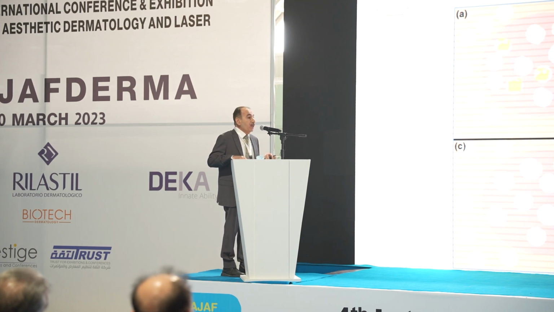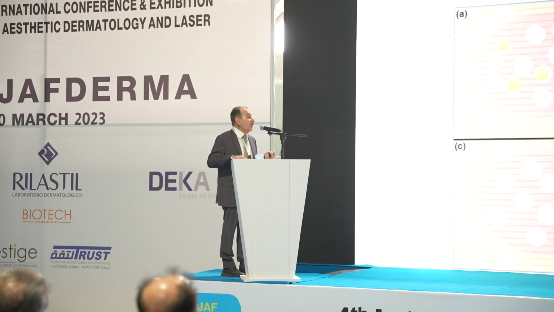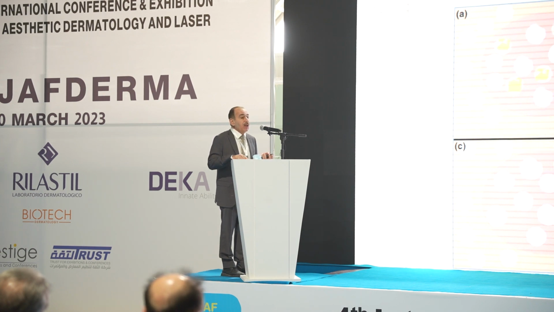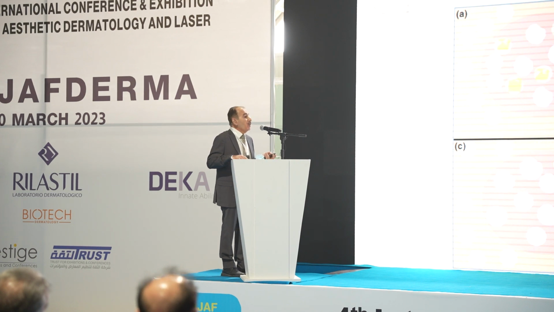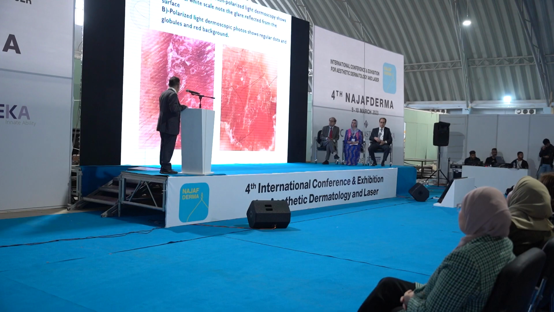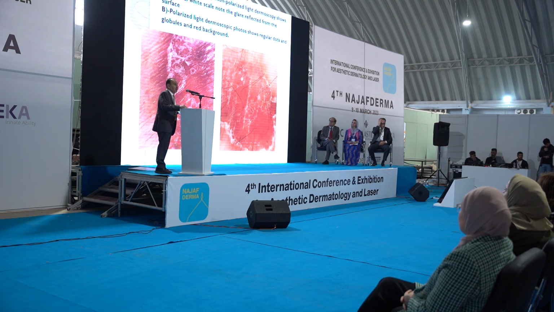Lesion on the C, perifollicular whitening, and on the D, perifollicular brown pigmentation, like in some melanocytic lesions. These are the follicular structures that we see. And of course, the 4th one was, as I told you, special features.